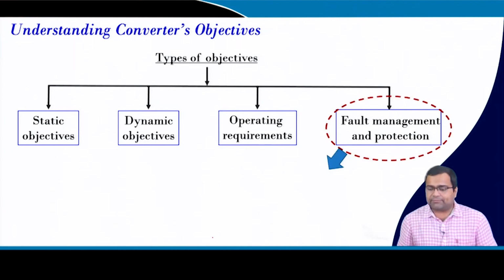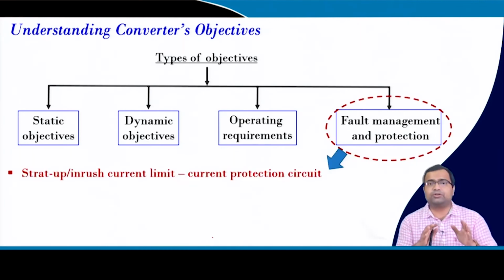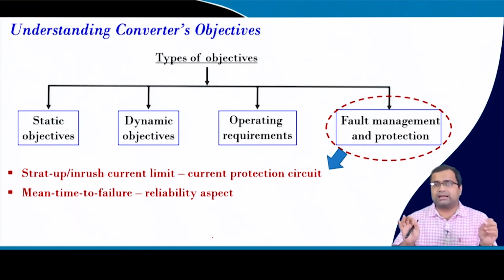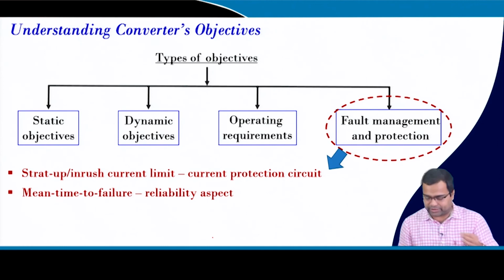For fault protection and management, we need to consider the startup circuit, and we need to protect against inrush current so that the current does not exceed the tolerance limit of the component. Then reliability is important: we need to keep checking the component and the waveform and try to estimate the health condition of the component.